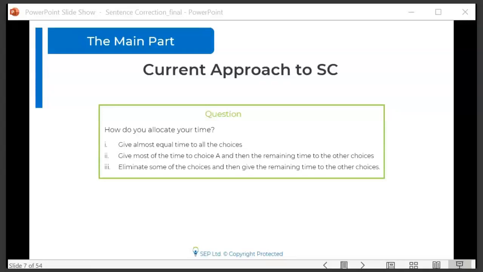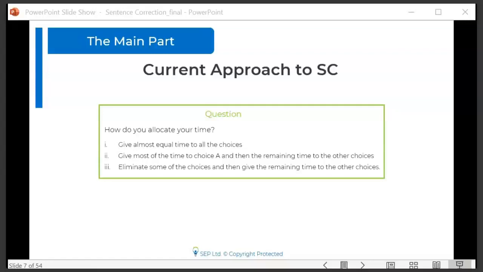Or do you give most of the time to choice A, and then divide whatever is left between the other 4 choices? For example, if you're taking 2 minutes to solve a question, you give 1 full minute to choice A, and the remaining 1 minute you divide among the 4 choices. Or you quickly go through some of the choices and eliminate them, and then give the remaining time to the other choices. So what do you do?